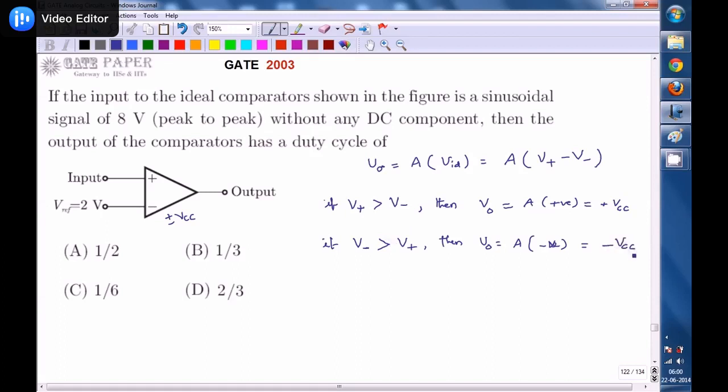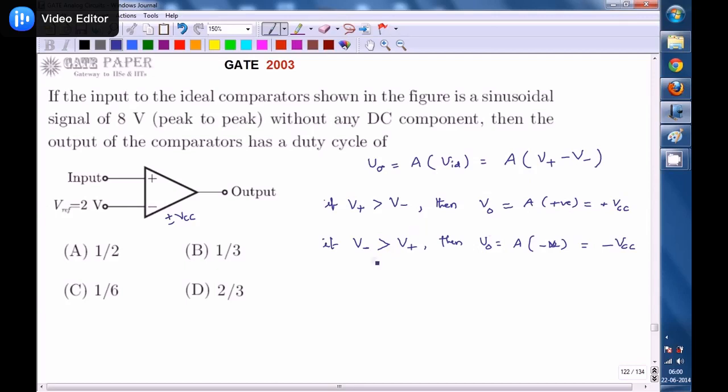Even though the product would yield more than minus VCC, it will be limited to minus VCC only, as you are applying the power supply as minus VCC. So this is the operation of comparator. If voltage at non-inverting terminal is dominating, output will be at plus VCC. If voltage at inverting terminal is dominating, output is minus VCC. That's all. These two things you have to remember.